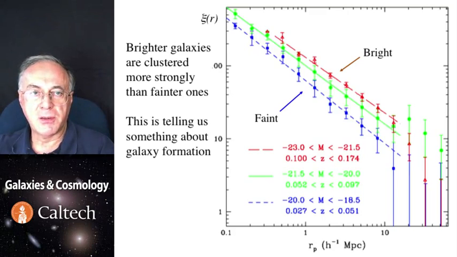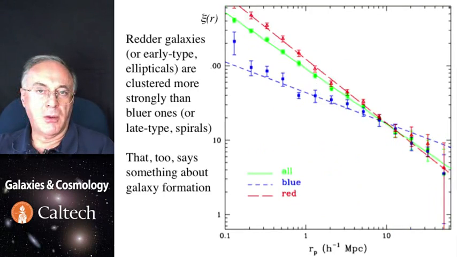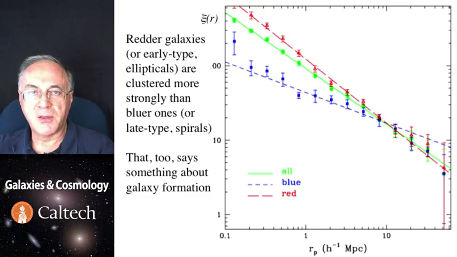Understanding effects like this contains some useful information about galaxy formation mechanisms, and we'll talk more about those later in the class. Or you can divide galaxies by morphological type, say ellipticals versus spirals. Turns out that elliptical galaxies, or redder galaxies, are clustered more strongly than the blue ones, the disk galaxies. That too has some interesting clues about galaxy formation and evolution.